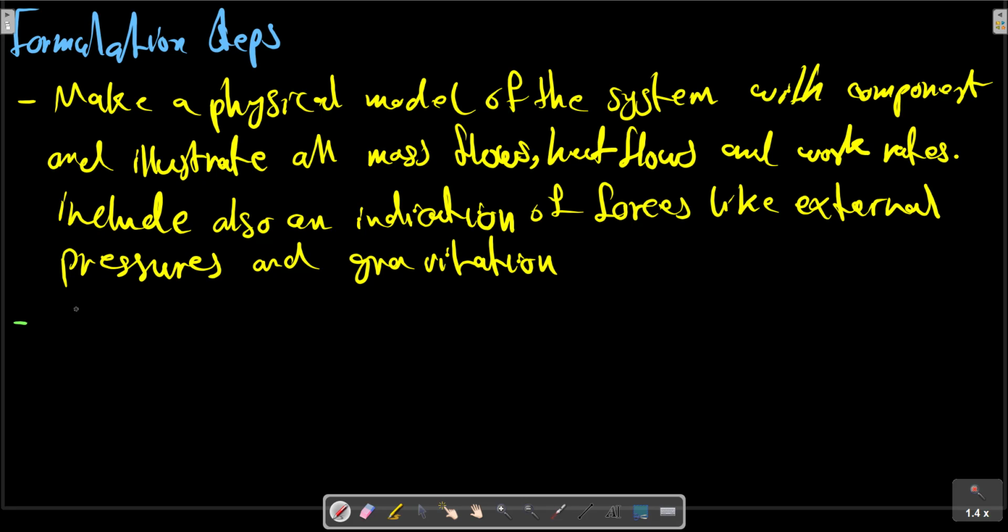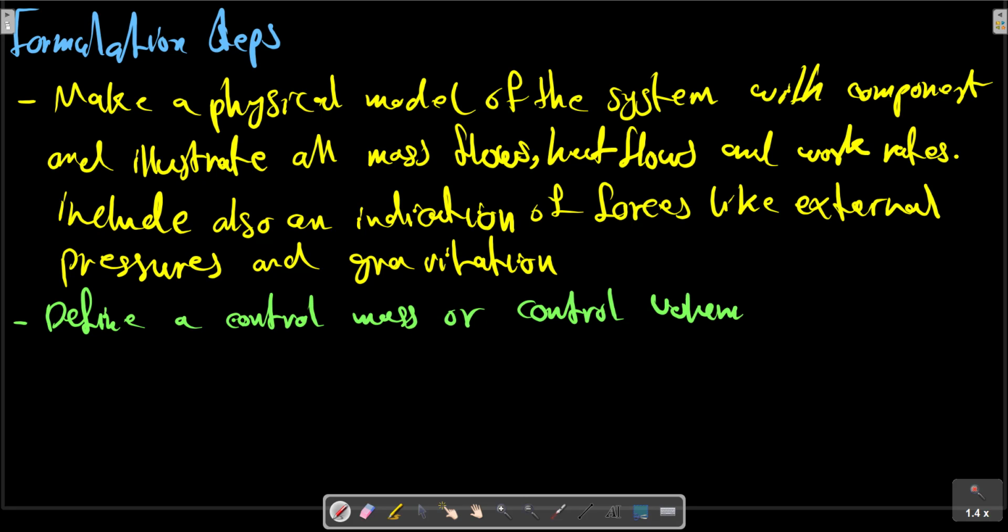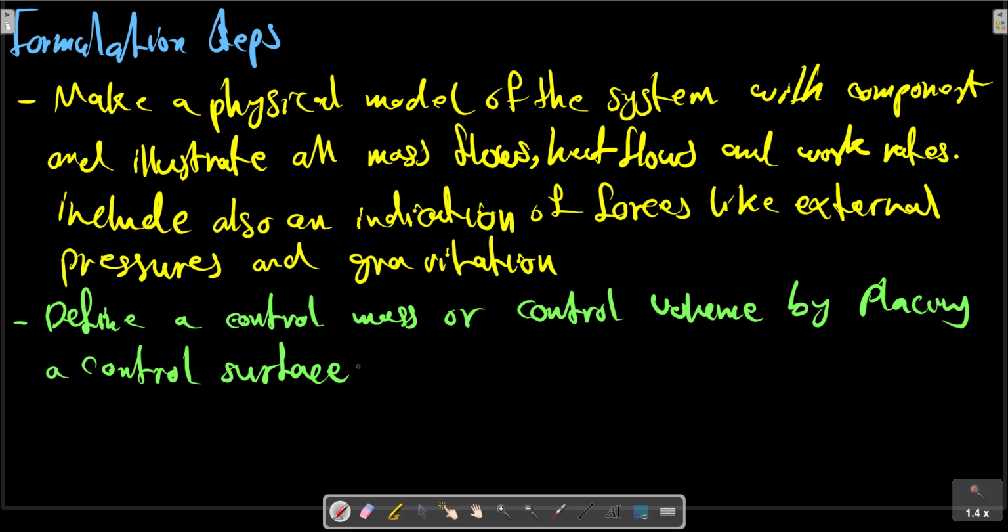The second step is to define a control mass or control volume by placing a control surface around what you want to analyze.